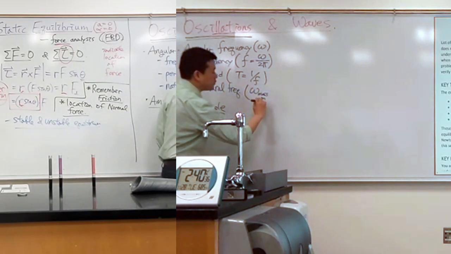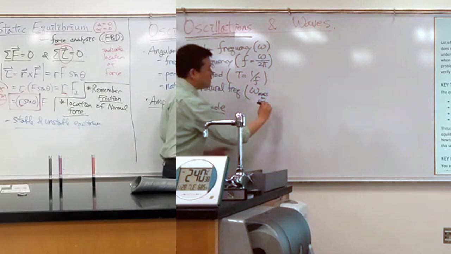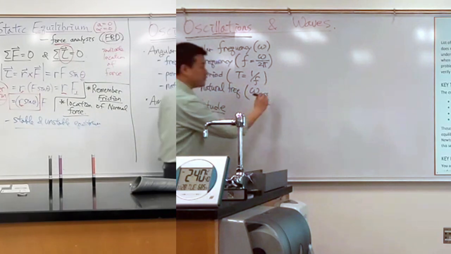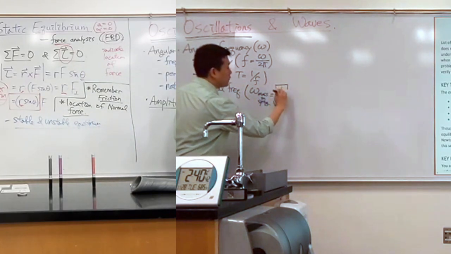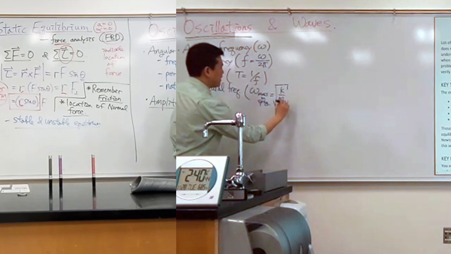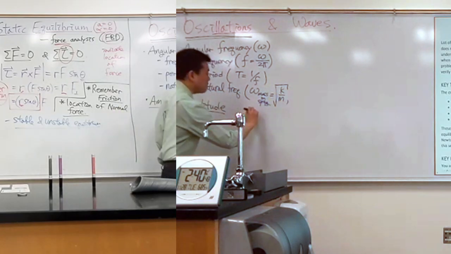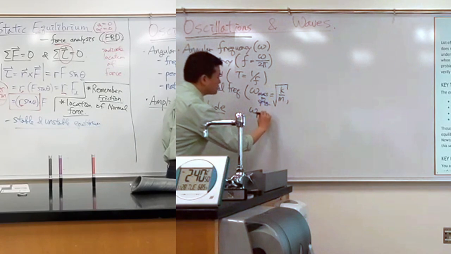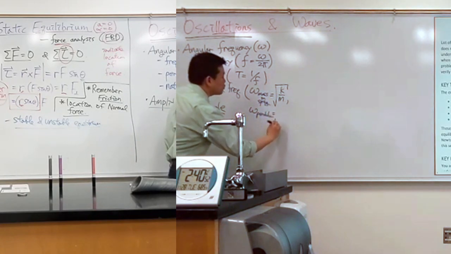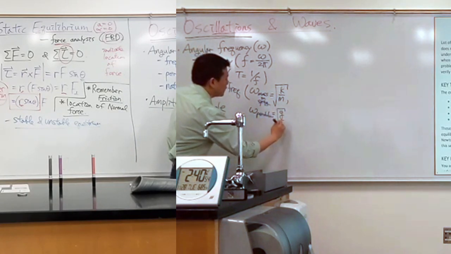This is specific to the system you are talking about. If it's a mass on a spring, then the formula was square root of k over m. And I think we did a pendulum one, right? If it's a pendulum, it should be square root of g over L.